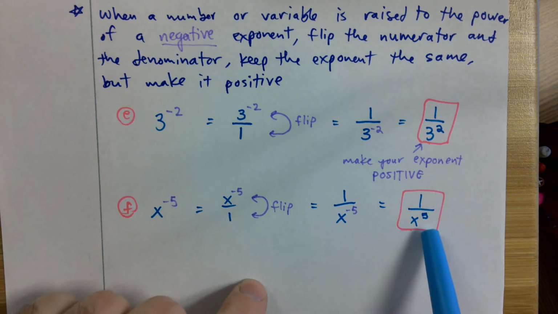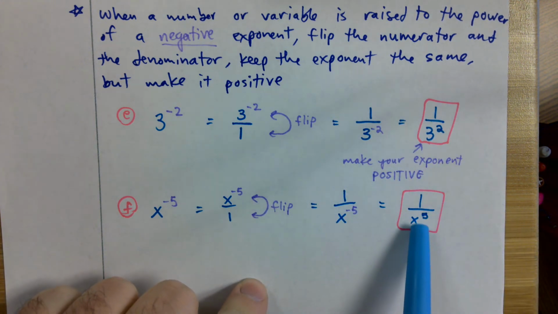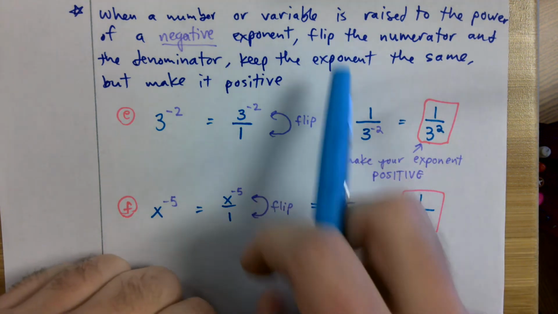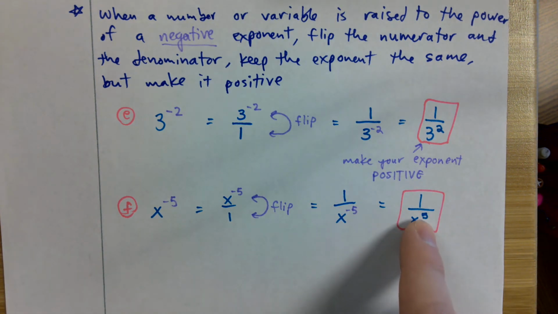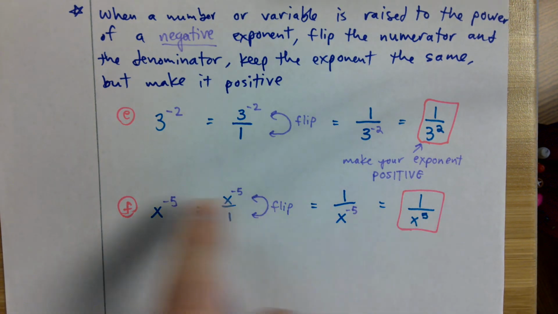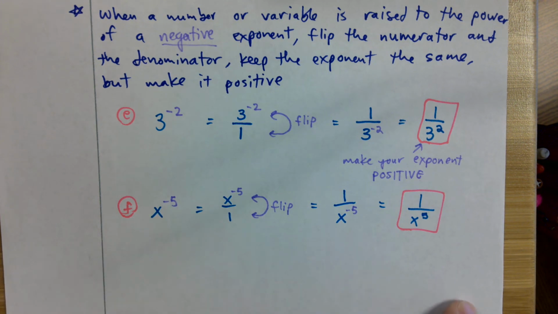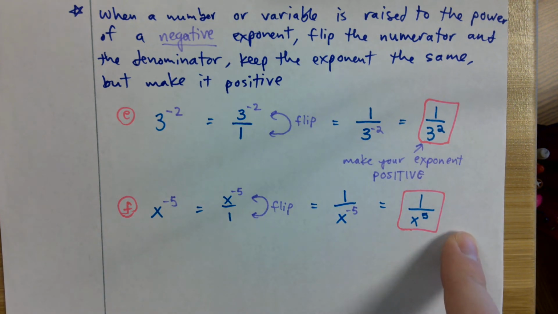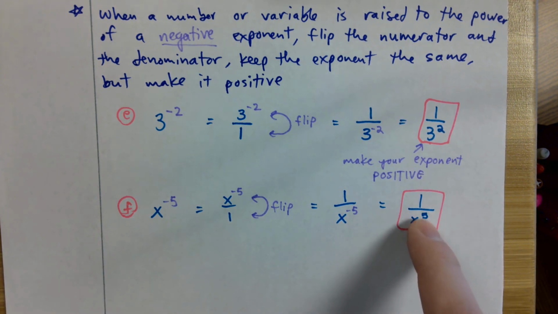So we're technically not keeping it the same by making it positive, but I mean keep the actual number that the exponent is the same. So x to the negative 5 will never equal 1 over x to the fourth. You see what I mean? So keep the number the same, but just make it positive.